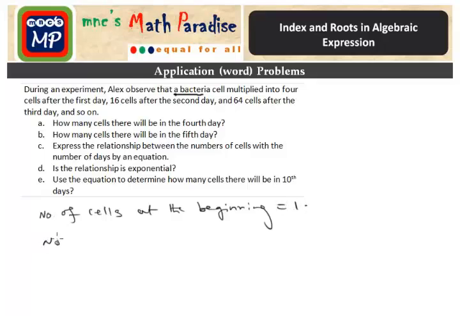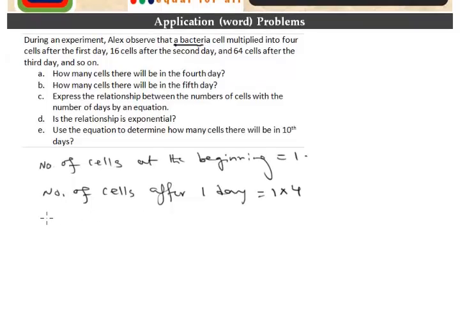The number of cells after 1 day: the cell multiplied into 4 cells, so there are 1 times 4 cells after 1 day. Then the number of cells after 2 days is 16 cells. So it will be 1 times 16, which is 1 times 4 squared.